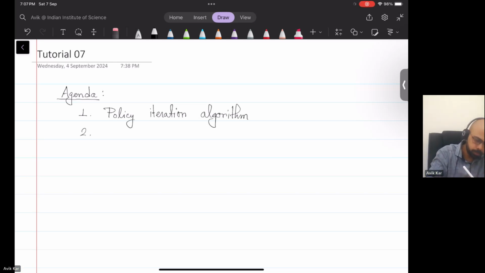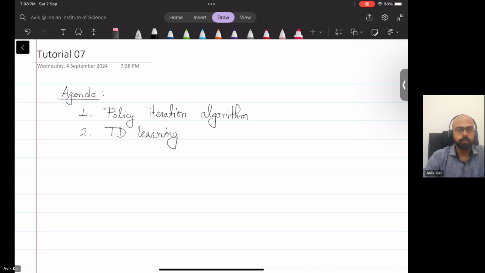Next, we'll code value TD learning. We'll only do the policy evaluation part of TD learning. We will not do learning and control both.